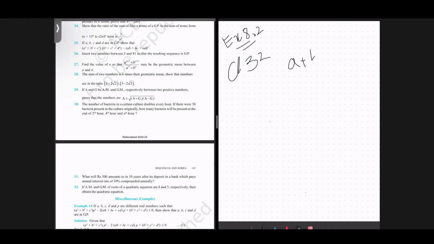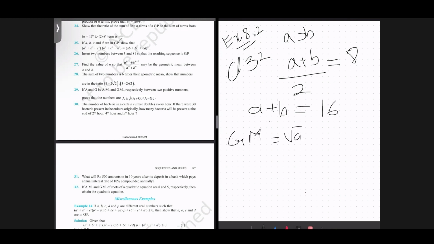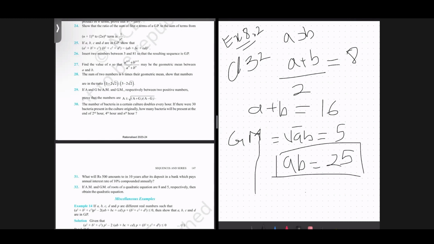So let's assume the roots to be A and B. So (A plus B) by 2, the AM of this equation, is going to be 8. So A plus B is going to be 16, correct? The geometric mean, which is root AB of this equation, is going to be 5. So squaring both sides, you get AB as 25, right?